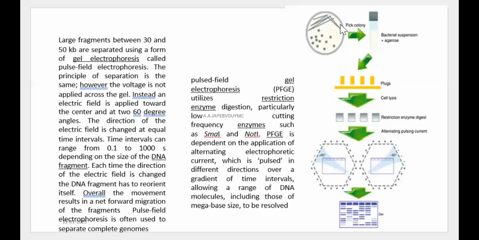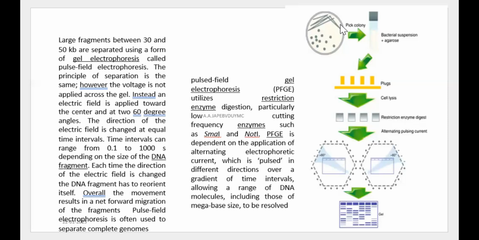What actually happens, why is it changed, let's talk about it. See, when you are changing the field at a particular angle for a specific time, alternately you are giving the field change. Now the point is that the entire DNA is going to migrate, that is true, but length dependent relaxation, right, is very important.